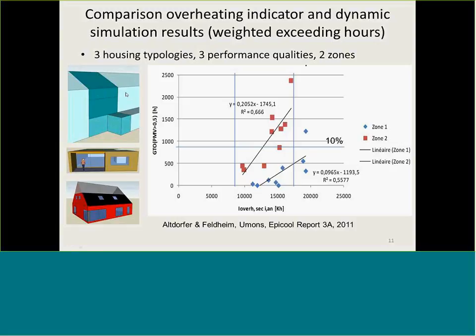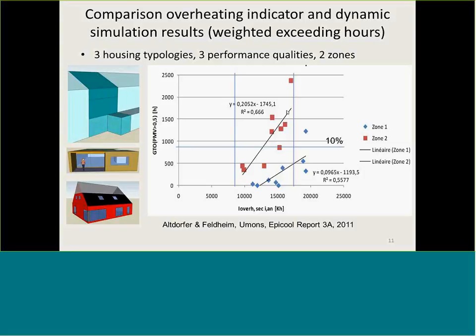In the multi-zone dynamic calculations, each house is considered to consist of 2 zones. Here we see the results of the dynamic simulations. The blue dots give the results for one zone, the red dots give the results for another zone.